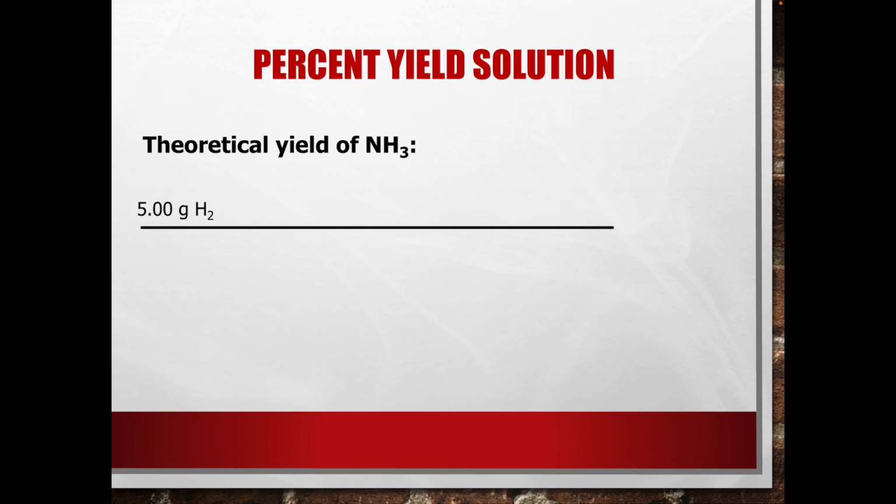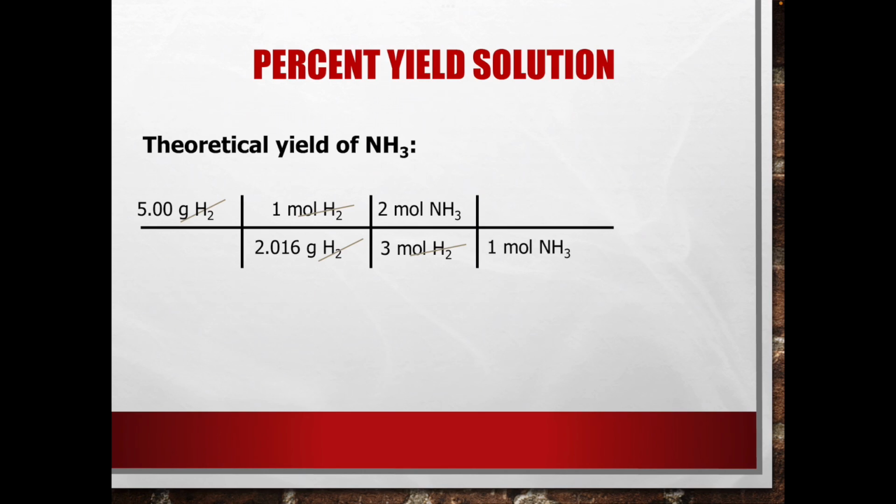So we'll use our grams of hydrogen and we'll use the molar mass to turn grams into moles. Once we have our moles of hydrogen, now we can use the mole ratio from the balanced chemical equation to turn moles of hydrogen into moles of ammonia. Then we can use the molar mass to turn moles of ammonia into grams of ammonia. And then we'll get our answer.